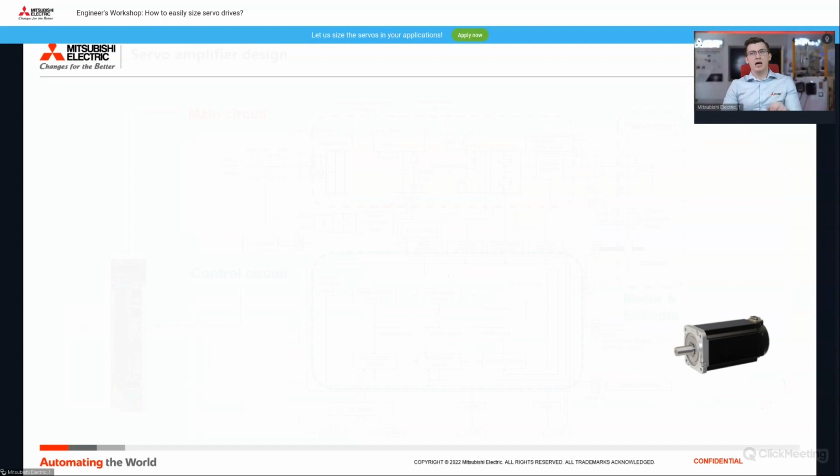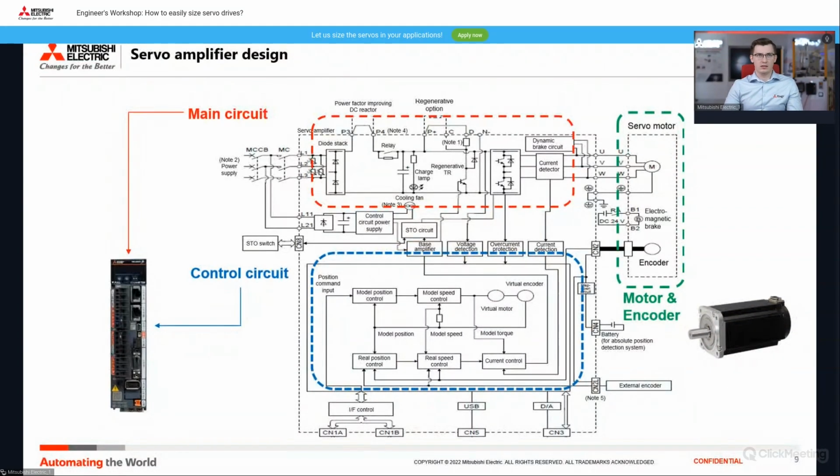So this is how the servo amplifier looks inside. We have the main circuit and the control circuit. In the control circuit, we have a few loops like the position loop, the velocity loop, and the current loop, which we use to precisely control the amplifier, because we have to interpret the command and where to go.